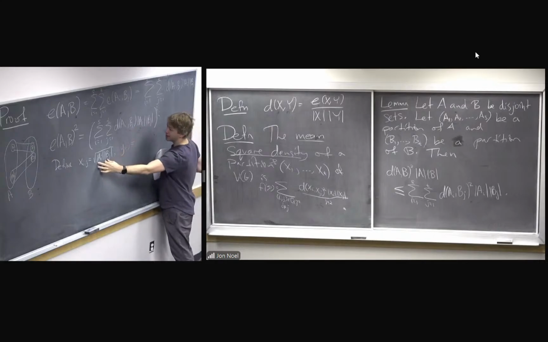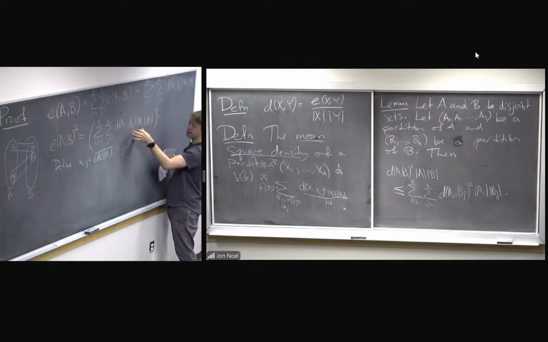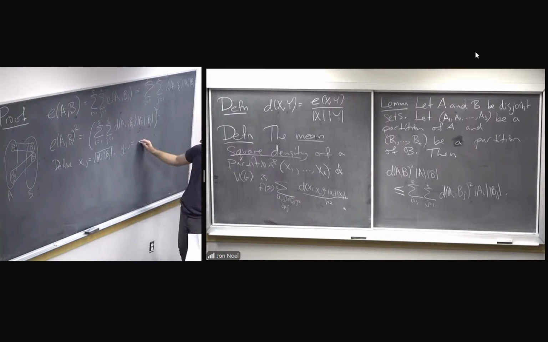So xij is the square root of this, and yij is everything left over: the density between Ai and Bj times the square root of the sizes of the sets. It may not be clear why we want to do this, but when you apply Holder's inequality, it will become clear why this is the right thing to do.